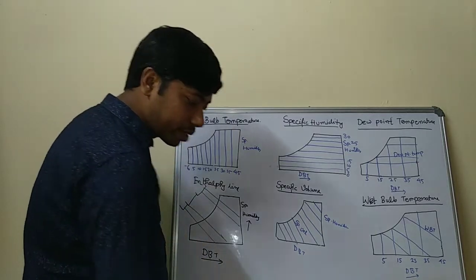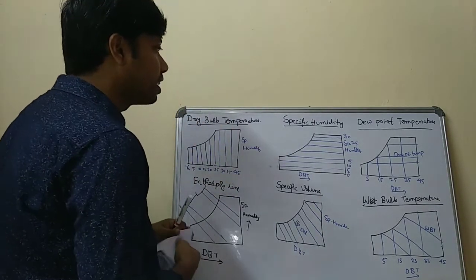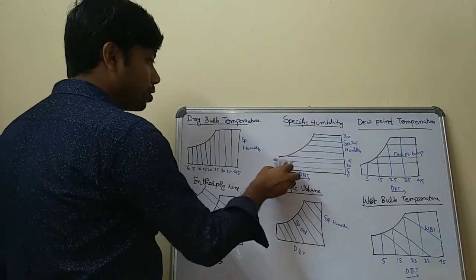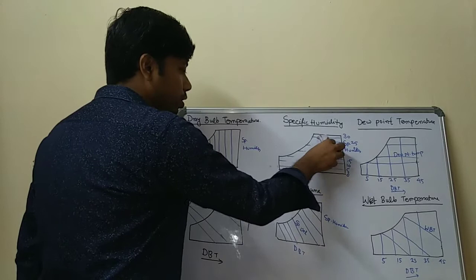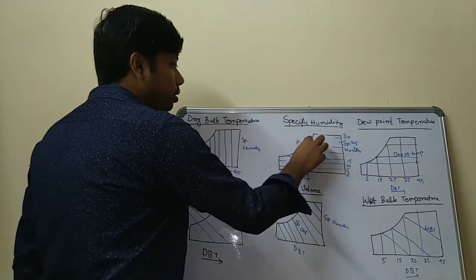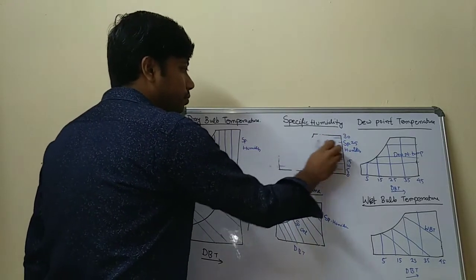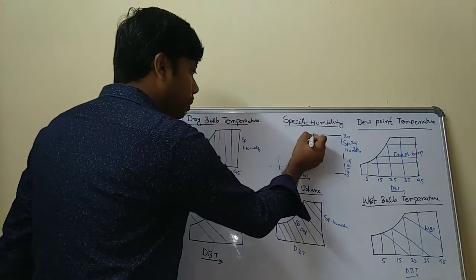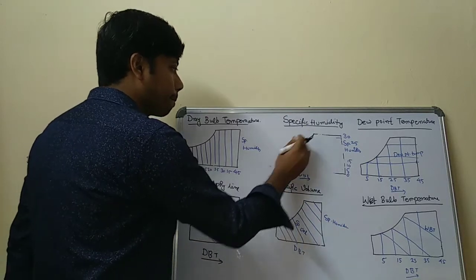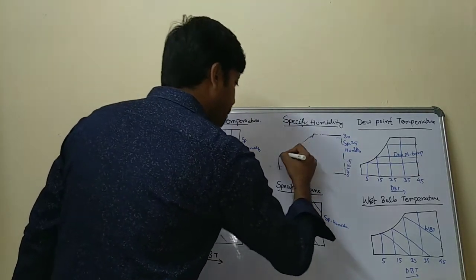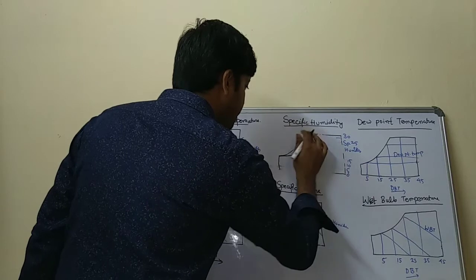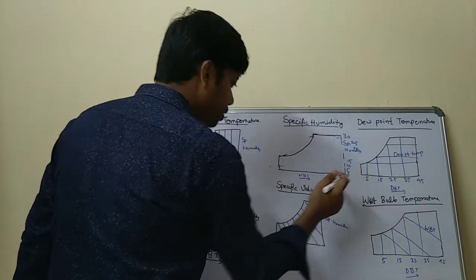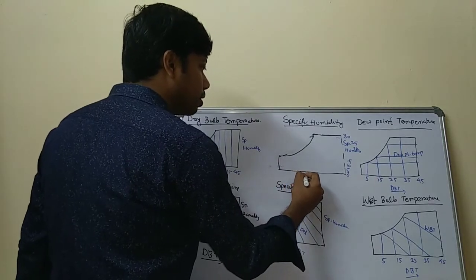Now the question in your mind is what is the relative humidity line? As you know, this is a specific humidity line and this is the dry bulb temperature.